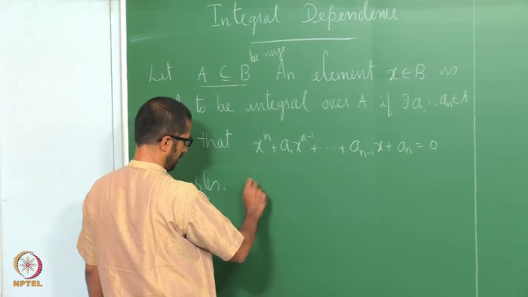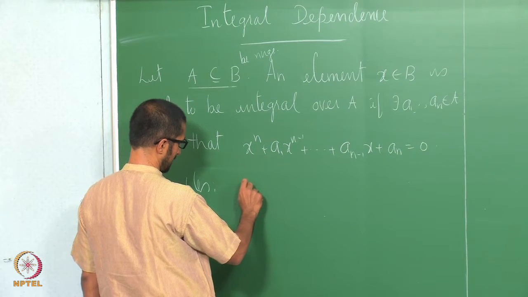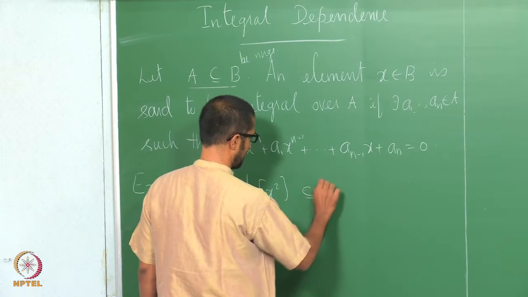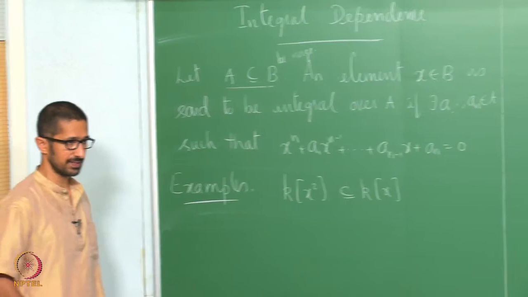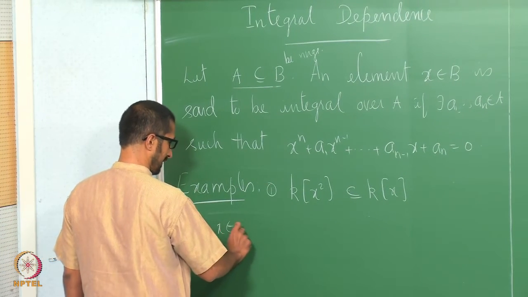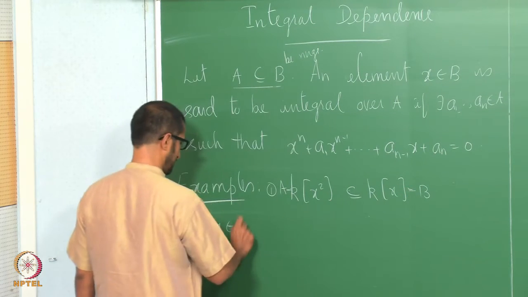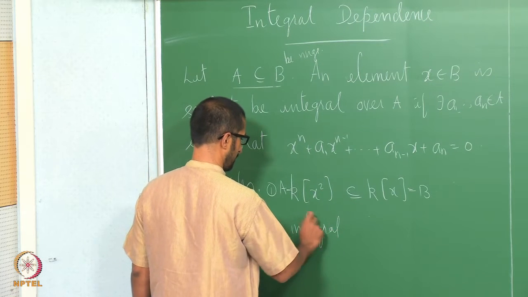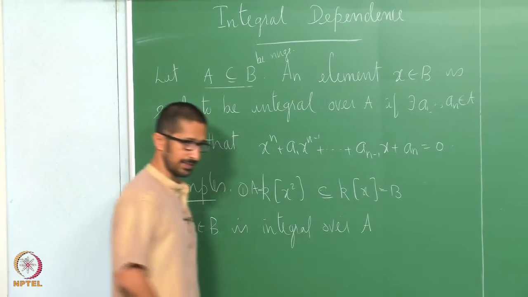One quick example is that if you look at k[x^2] contained in k[x], x is a variable, k is a field, okay, then this is A, this is B, x in B is integral over A, right.